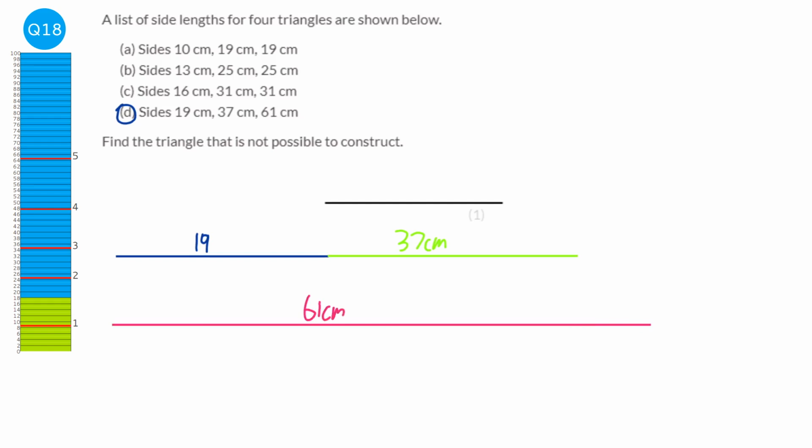Now, looking at the first 2 sticks, the combined distance of them, when we add them together, 19 centimeters plus 37 centimeters, is 56 centimeters. So that's the combined width of them. And you can see that that wouldn't be able to create a triangle if the third stick is 61 centimeters.